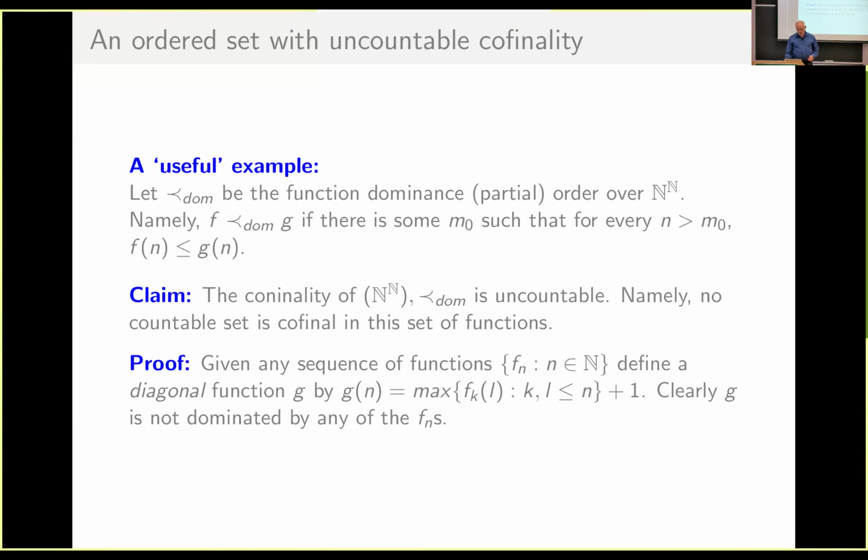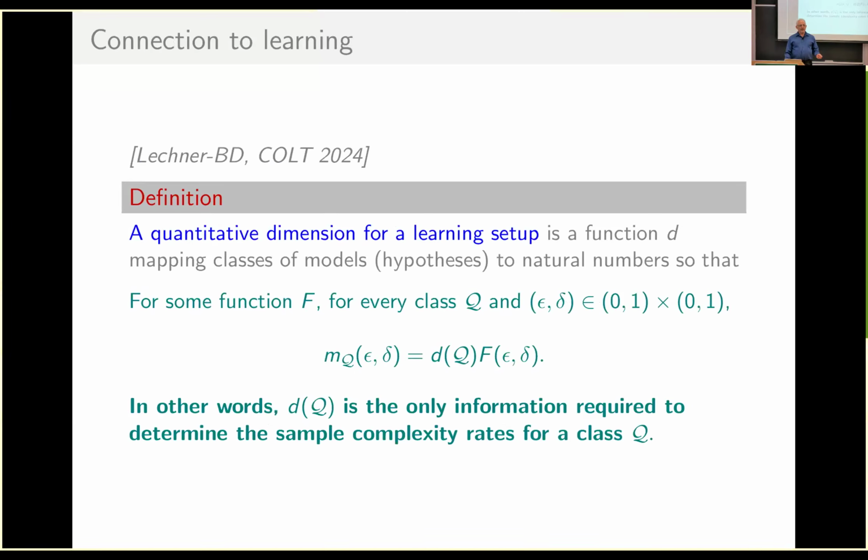And now the question is, how is it related to machine learning? That's a paper that I had with Tosca in COLT 2024, where we use this idea of cofinality to show that there can be no dimension that characterizes learnability of classes of probability distributions.